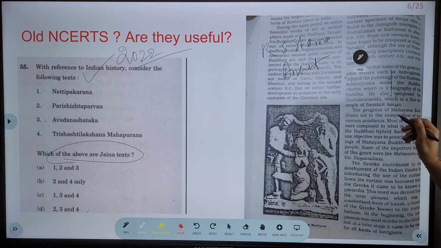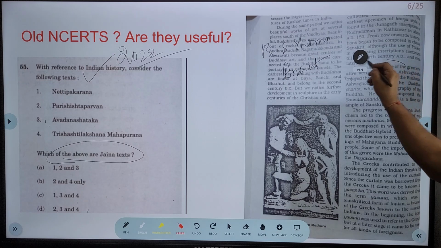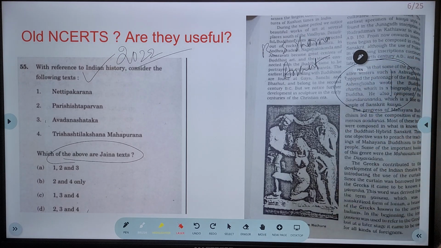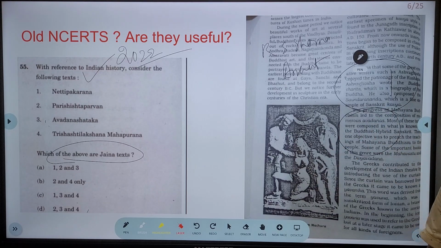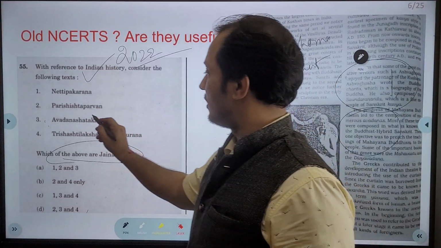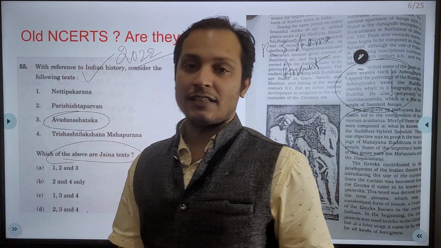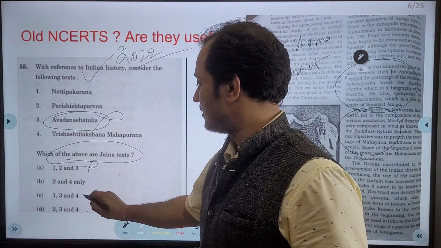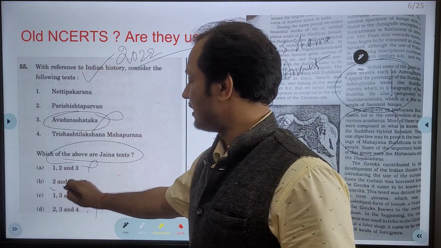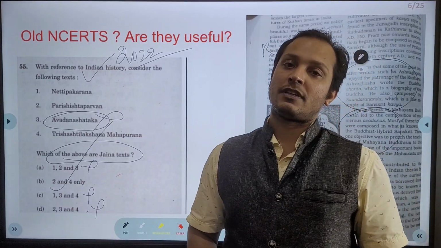You can see here Buddhist texts. This is a section on Buddhist texts and it clearly mentions Avadanas are Buddhist texts. So you can easily use this knowledge. Avadanas are Buddhist texts. Delete this, delete this, delete this, delete this. Directly the answer comes: 2 and 4. This means what?